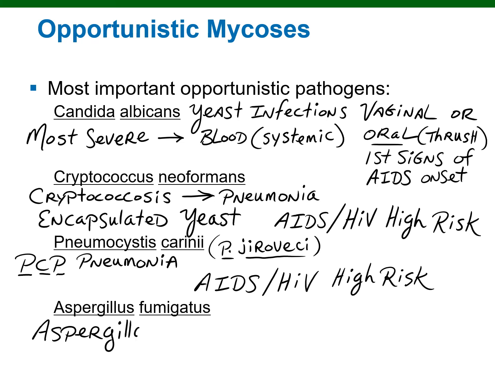And aspergillosis occurs initially, usually from inhalation of fungal spores from the environment, from Aspergillus, and they get into the lungs and cause a type of fungal pneumonia.